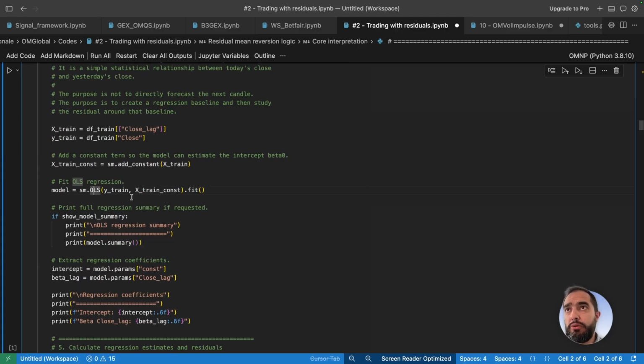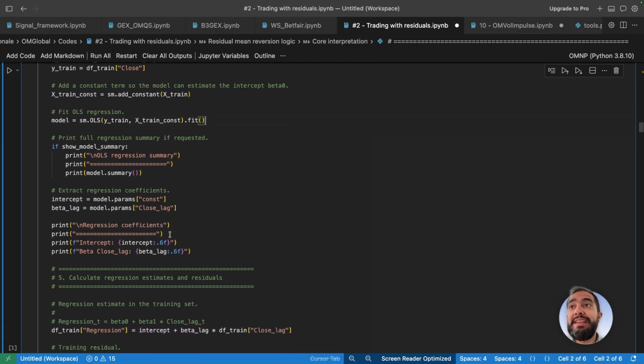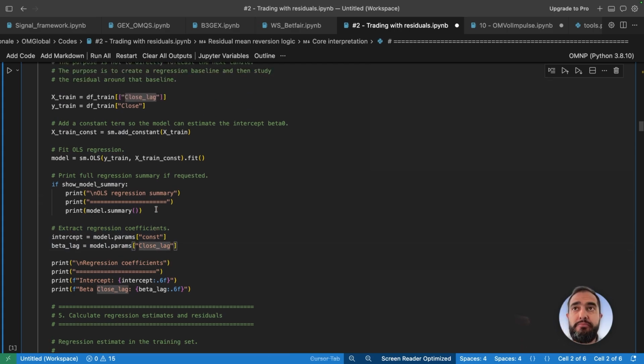Then you call it with the method OLS, ordinary least squares, where you place the training y and the training x constant, and then you fit. You will get the summary of the regression and the parameters, so the constant and what multiplies the close lag, that is our main variable.